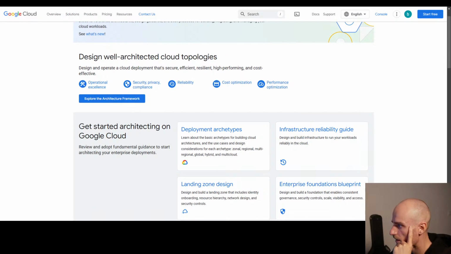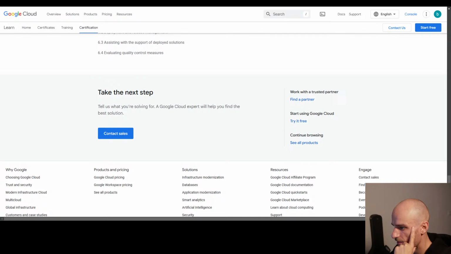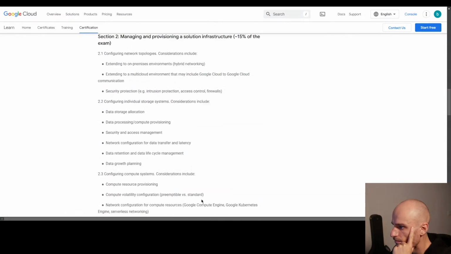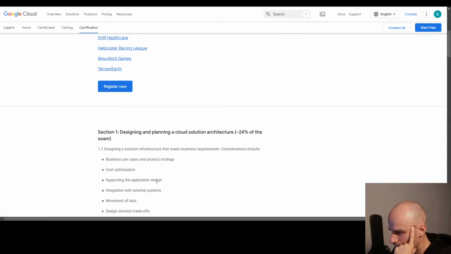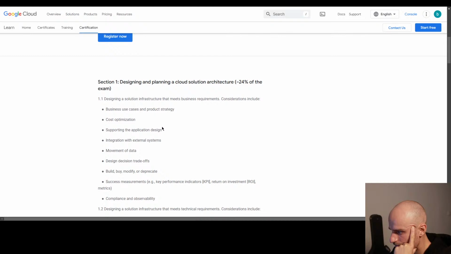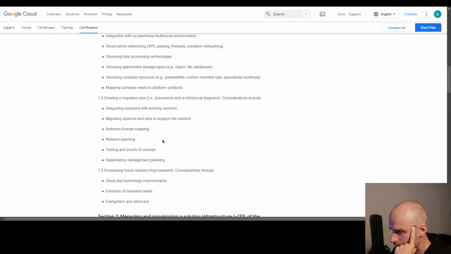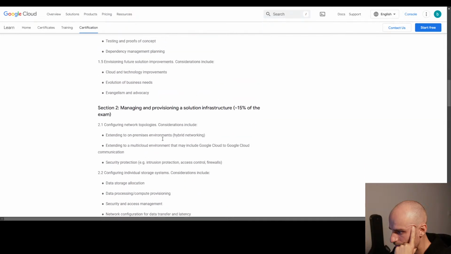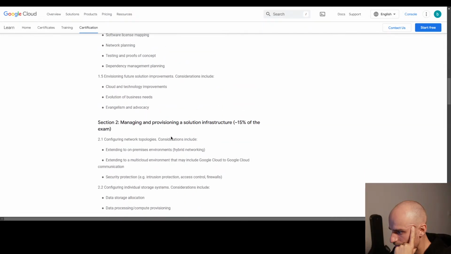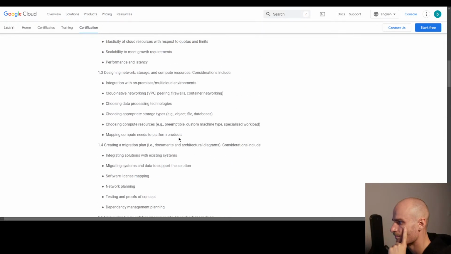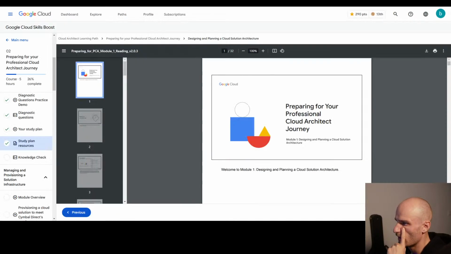Oh, here is the architecture framework, so I will just keep it up here. Okay.